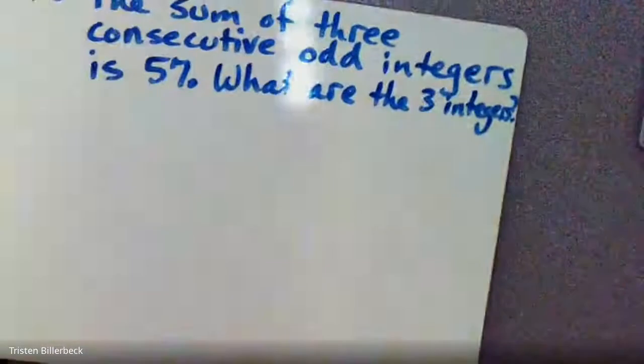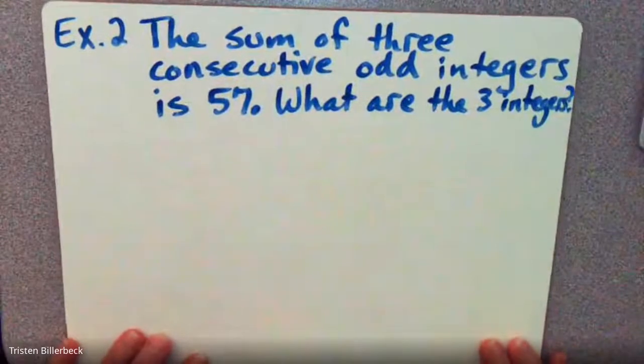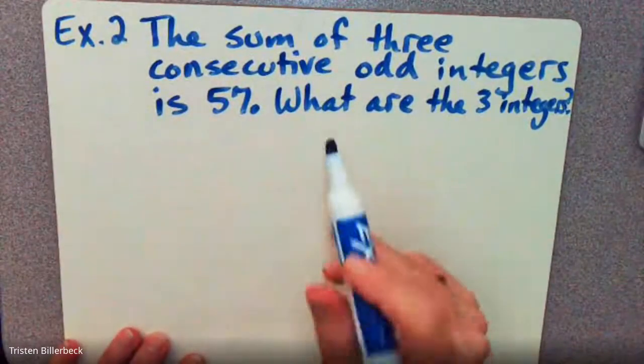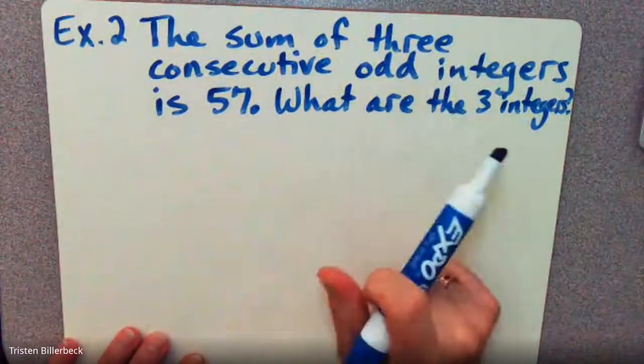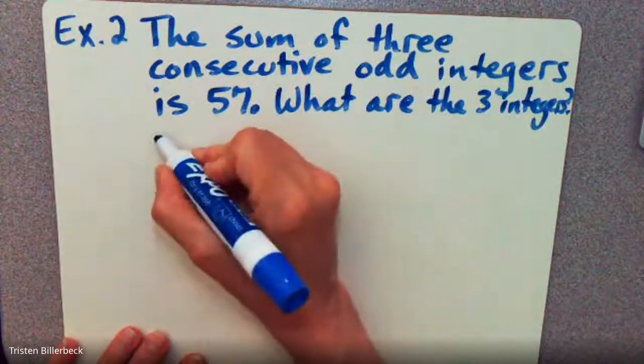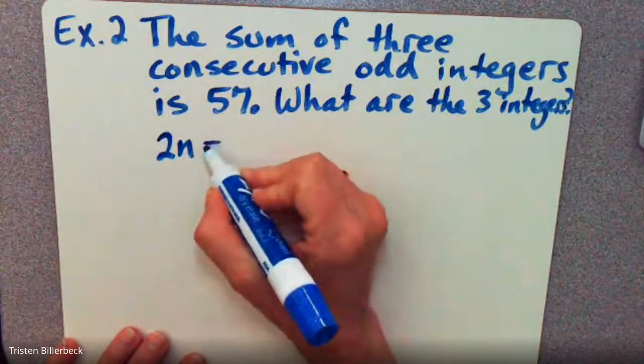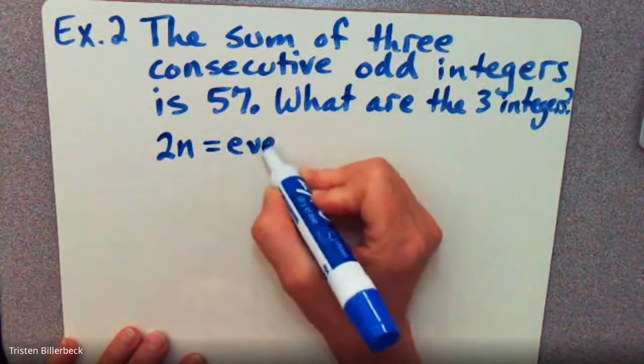Look at example 2. Now this example is quite the favorite in most books, so please pay attention. Okay, the sum of 3 consecutive odd integers. So we know that if we do 2 times n, anything times a 2 is going to be even.